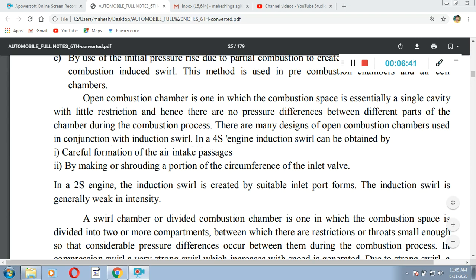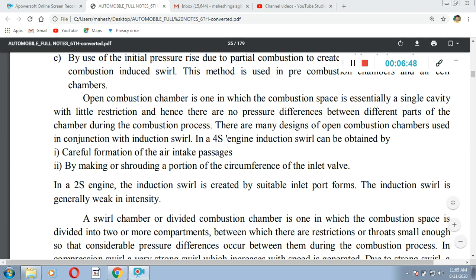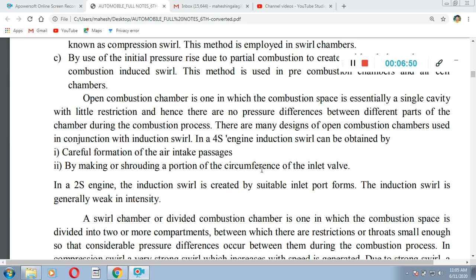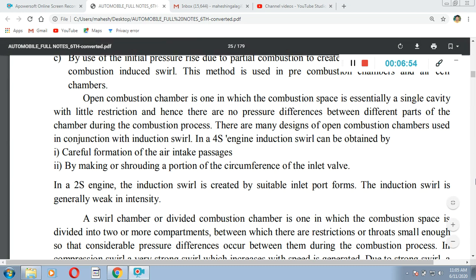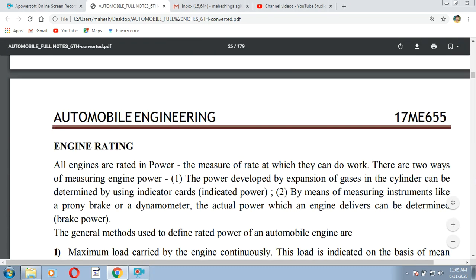Induced swirl can be obtained by careful formation of the air intake passages, by masking or shrouding a portion of the circumference of the inlet wall. So likewise, the open combustion chamber is required.